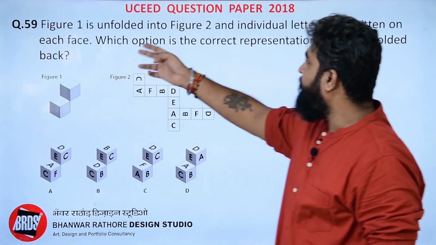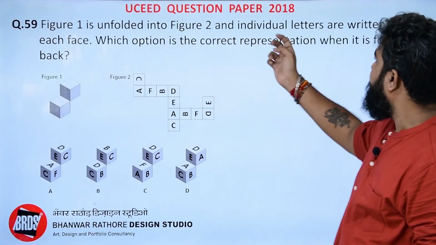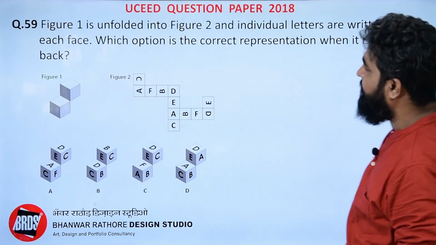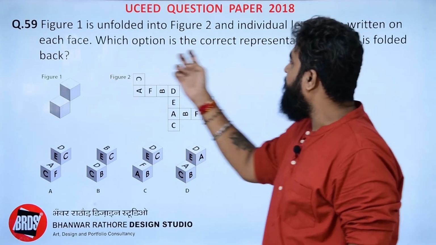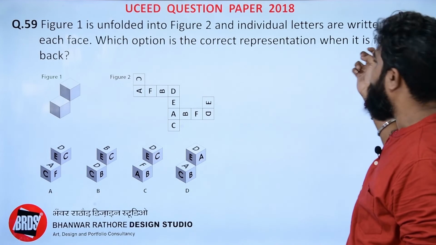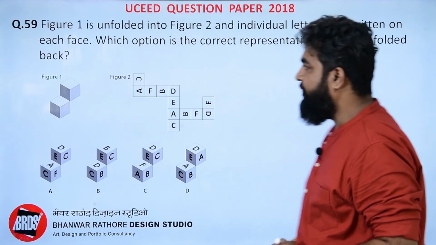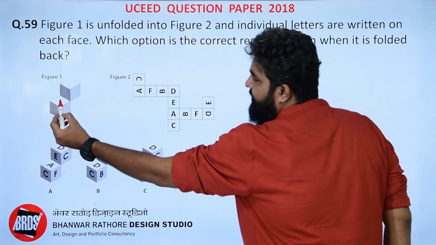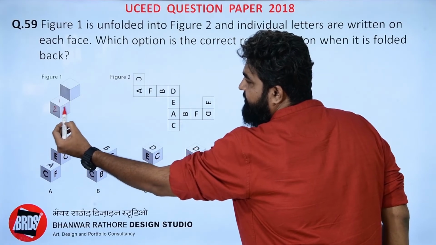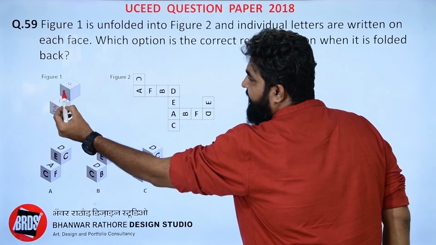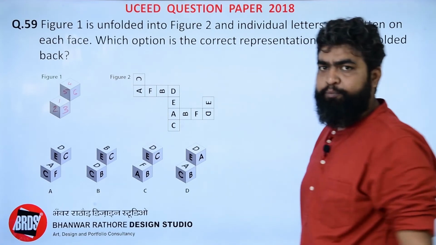Figure 1 is unfolded into figure 2 and individual letters are written on each face. Which option is the correct representation when it is folded back? Now here, we have to understand the letters, and based on that we can check which can be fitted properly.